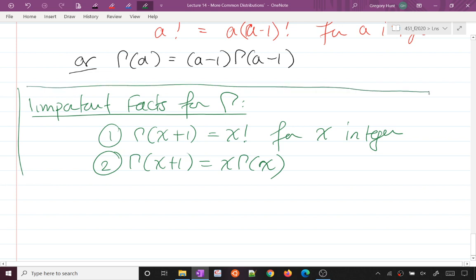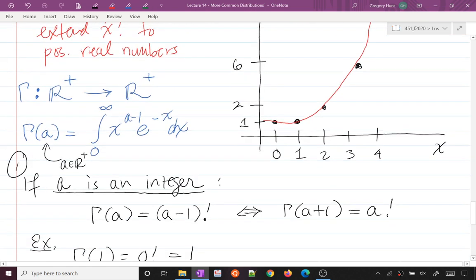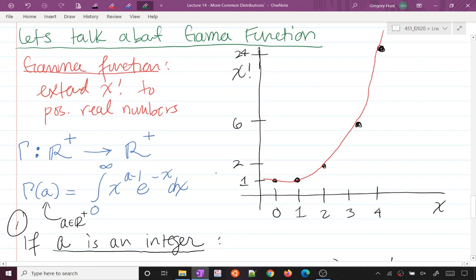So these are the facts I would memorize. But the general feel of the function is that it's trying to act like the factorial function, but allow us to plug in any positive real number.